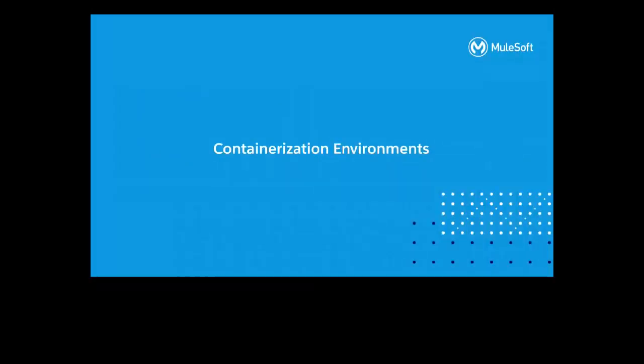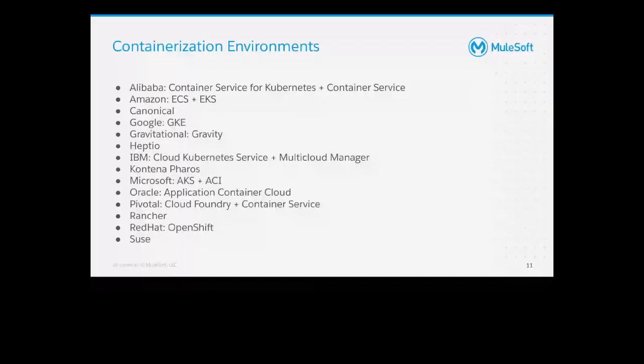Containerization environments. There are a lot of containerization environments. From Alibaba to SUSE, many companies have created their own containerization environments based on Kubernetes or based on other container services. Alibaba has both Kubernetes-based and a container service. Amazon, the same thing. They have the Elastic Container Service and the Elastic Kubernetes Service. Canonical, Google, Gravitational.